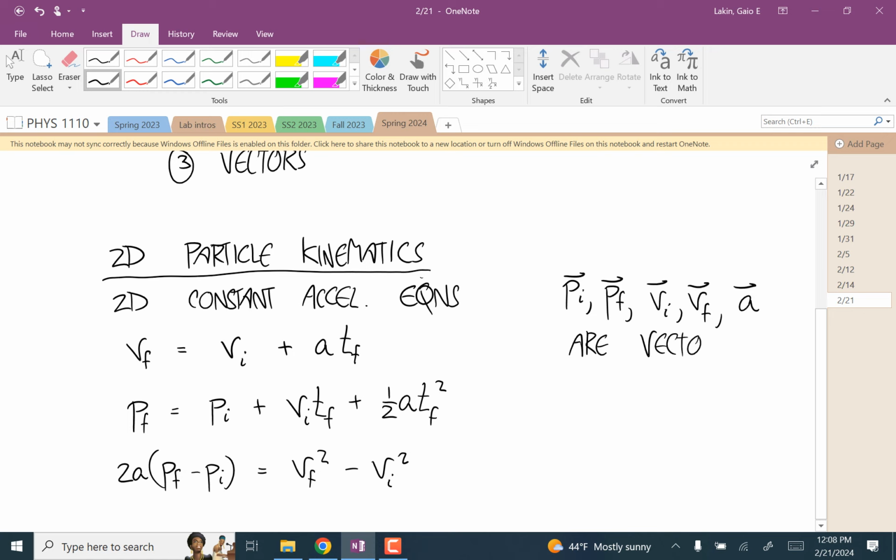Okay, so an object is launched at 40 degrees above the horizontal, with a speed of 10 meters per second, from a height of 1 meter.